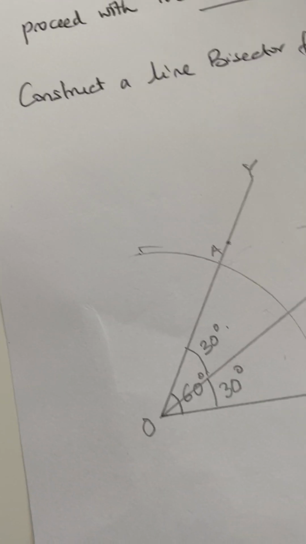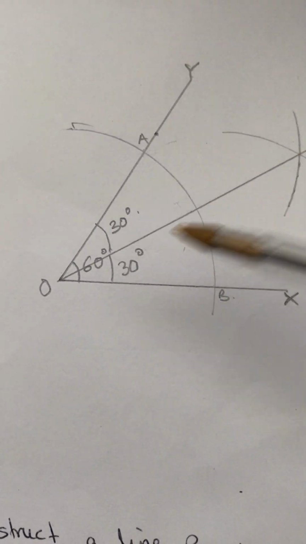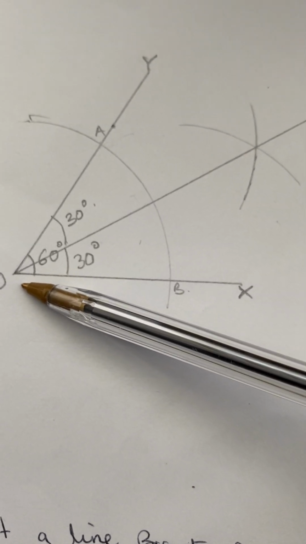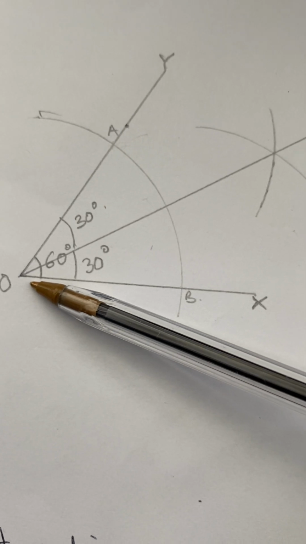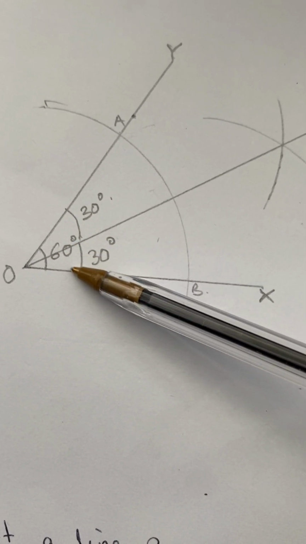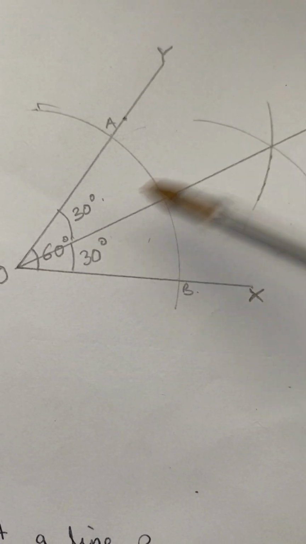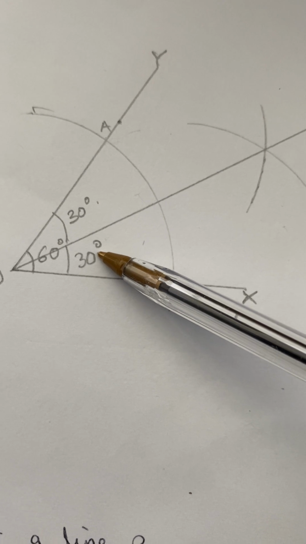Now I'm going to find a ruler and join this intersection to O. This is where you should follow the notes. To O. I already know this is 60 degrees. So after I've done that, this should be 30. That should be 30.